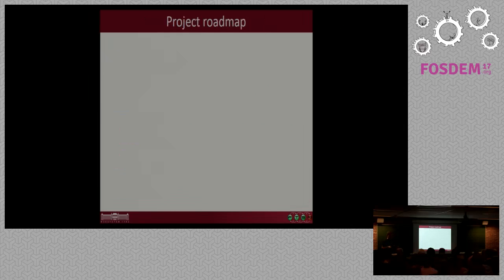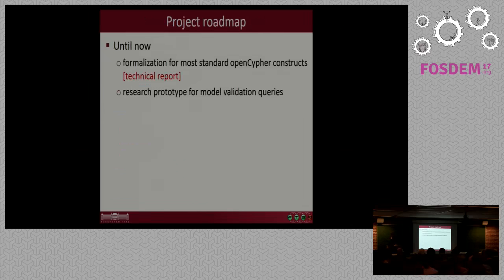So until now, we formalized most of the standard openCypher language and gathered our findings into a technical report and implemented a research prototype for the railway model validation queries. In this quarter, we plan to use the TCK tests, which are provided with openCypher.